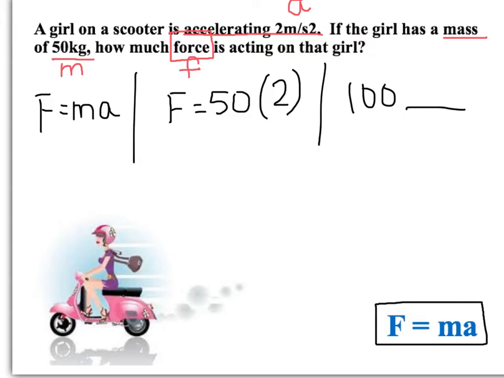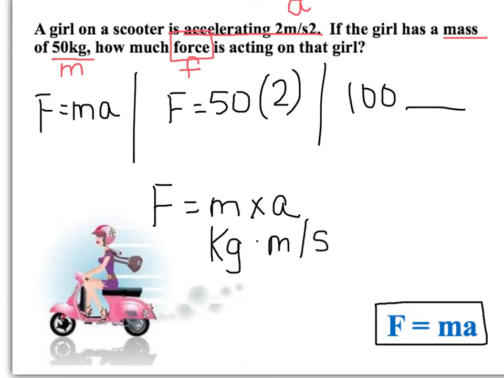If force equals mass times acceleration, and the unit for mass is the kilogram, and the unit for acceleration is meters per second squared, then the unit for force is, I don't have any room over there, so I'll write it down here.